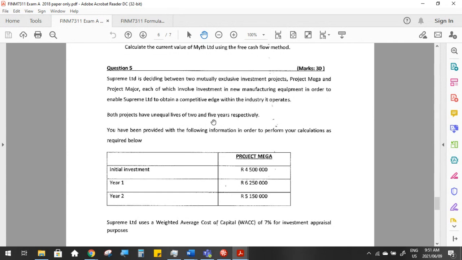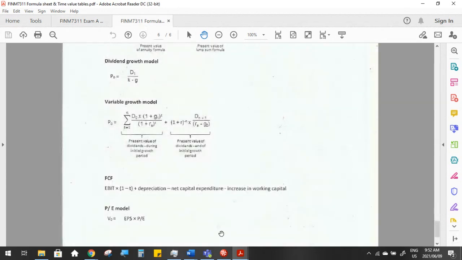So then I need to say 5. The next multiple of 5 up is 10. 5 will be divisible into 10 twice, and 2 will be divisible into 10 5 times. So my lowest common denominator is 10. So I have to then reinvest Project Mega over 10 years to make it comparable.